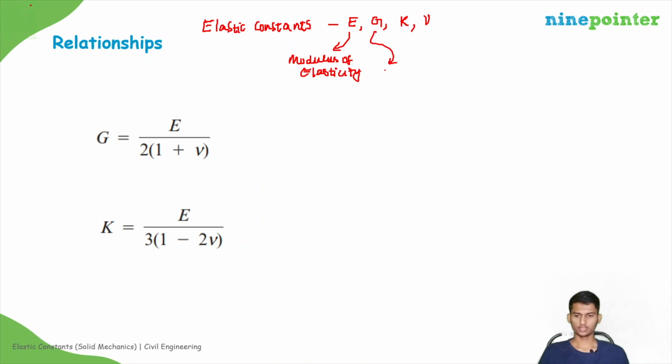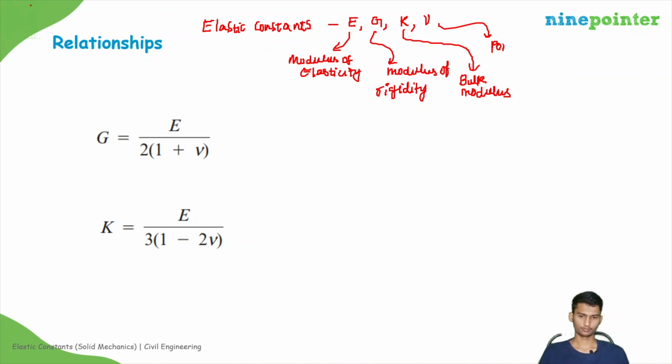We already know what G is, modulus of rigidity. We already know what K is, that is bulk modulus. Nu is Poisson's ratio.